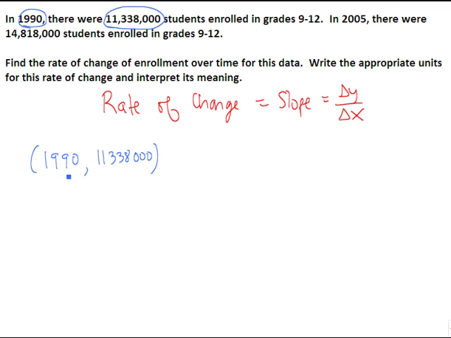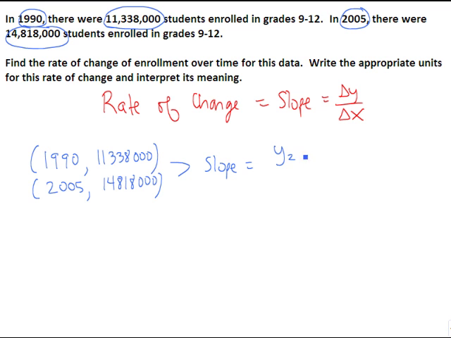So the x's here are the years, the y's here are the students enrolled. Similarly, in 2005, we have 14,818,000, so I'm going to write that as an ordered pair: 2005, comma, 14,818,000.